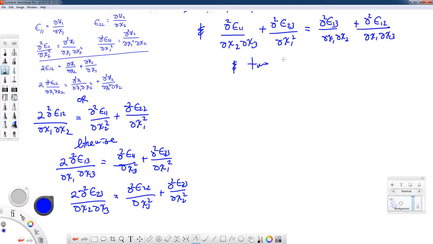And let me just do this and 2 others that are similar. You can do a replacement on indices. You can cycle through the indices and see what those terms would look like.